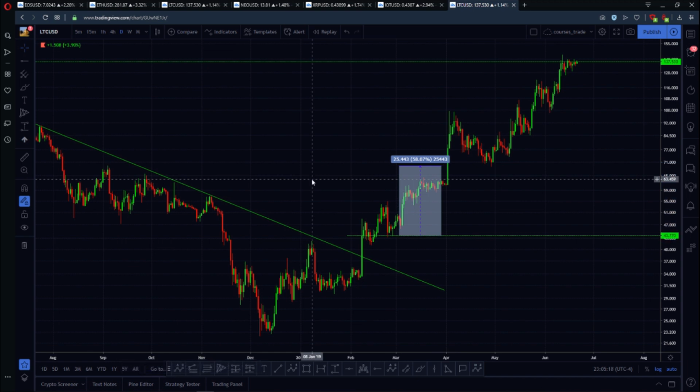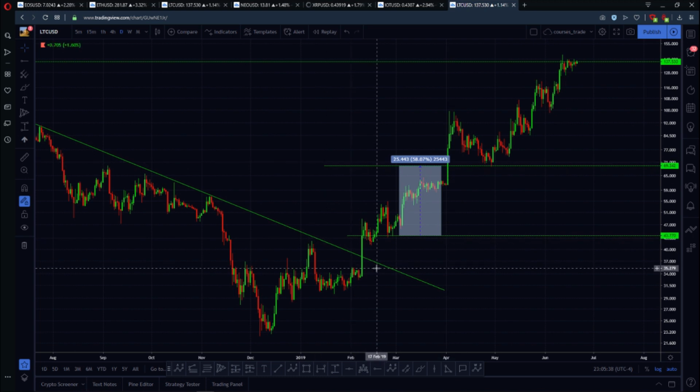Okay, and then this is gonna be our target. Now you might realize that this zone has been violated, but it reacted as a decent support. Now this is called measuring. Okay, we're gonna have to do this.